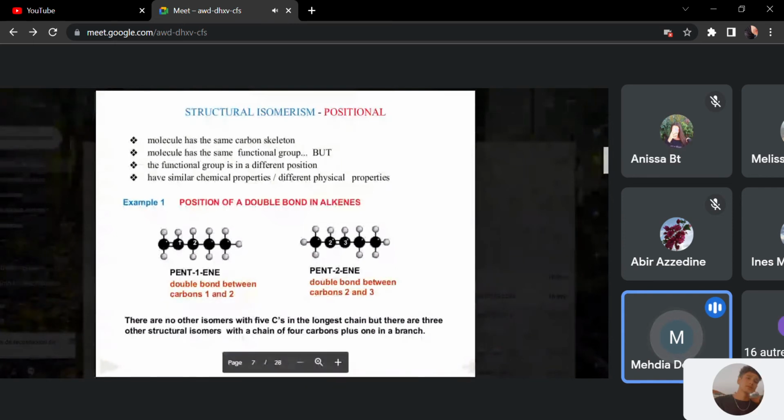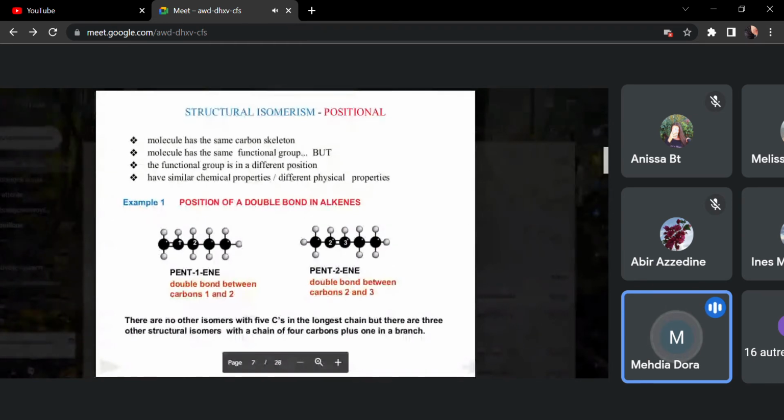the carbons, or count the carbons, from the left to the right. From the left to the right you have 1, 2, 3, and not from the right to the left. So we count from the left 1, 2, 3, 4. It's very important in organic chemistry.